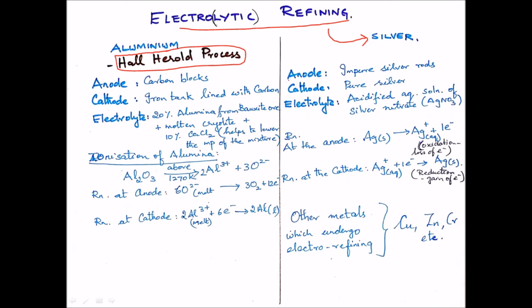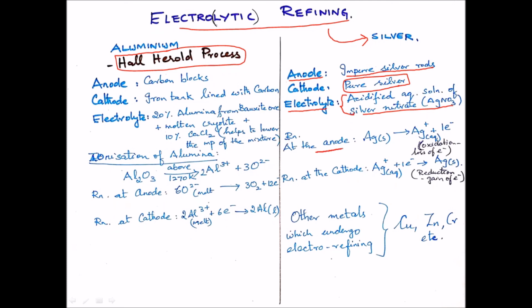The anode consists of impure silver rods. The cathode consists of pure silver, while the electrolyte is an acidified aqueous solution of silver nitrate, AgNO3. When current is passed through the electrodes, the following reactions take place.